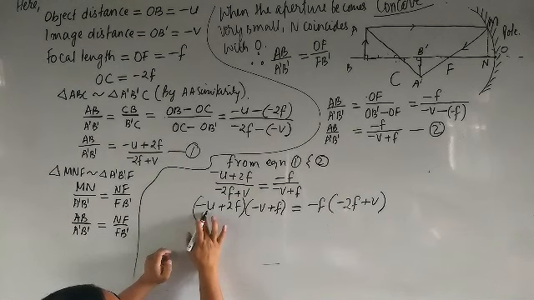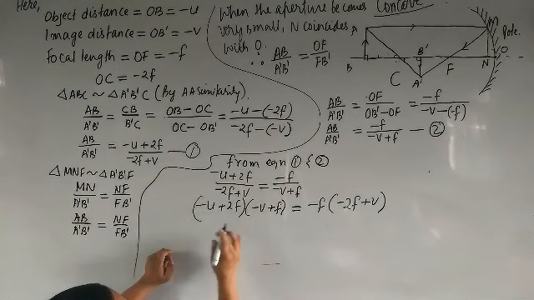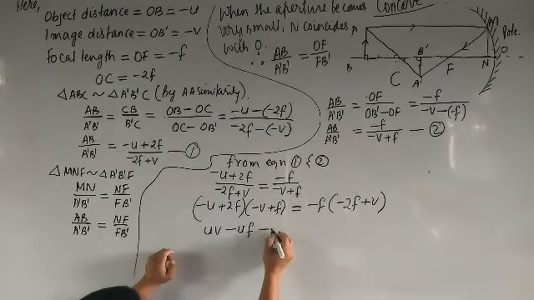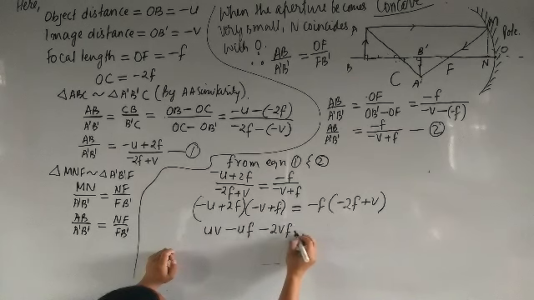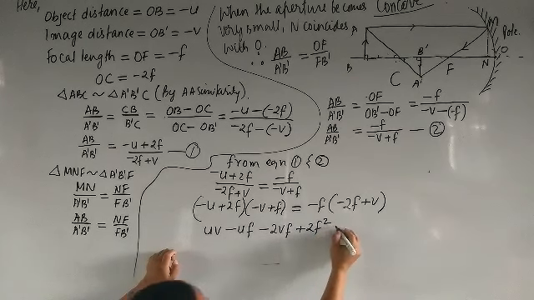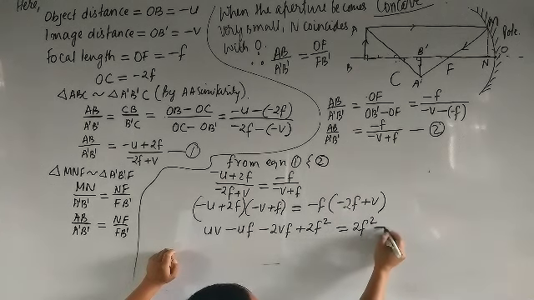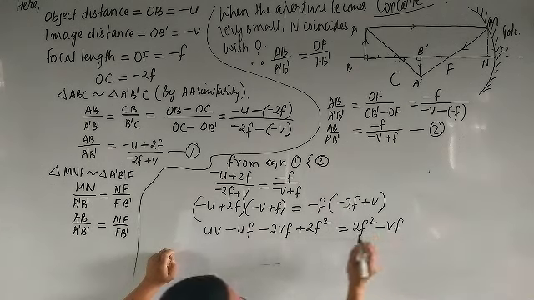So let's multiply. Minus u into minus v is uv, minus uf minus 2vf plus 2f squared equal to, open this bracket, 2f squared minus vf.